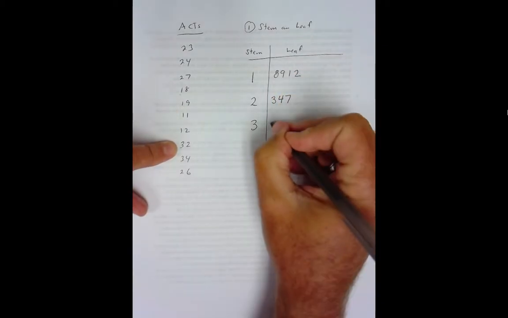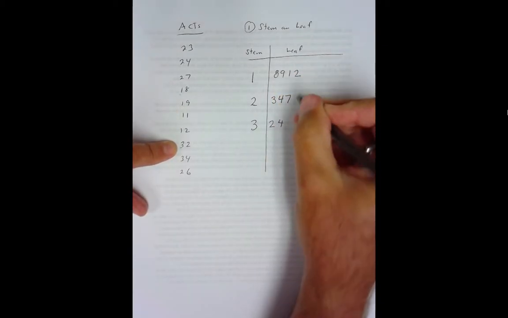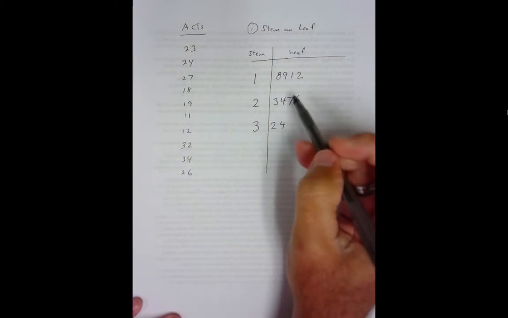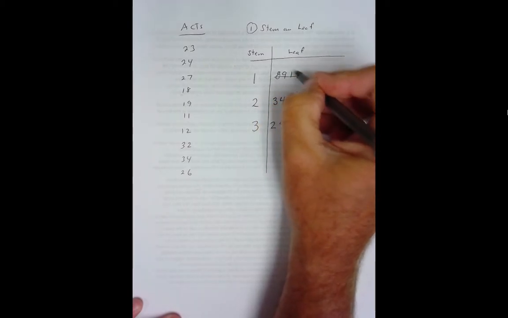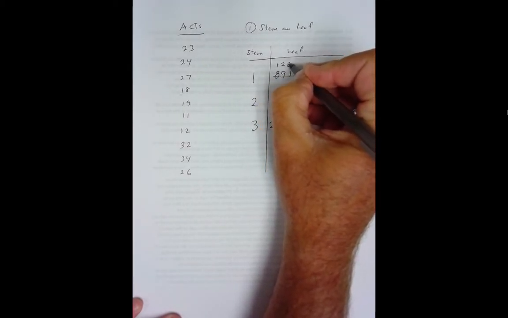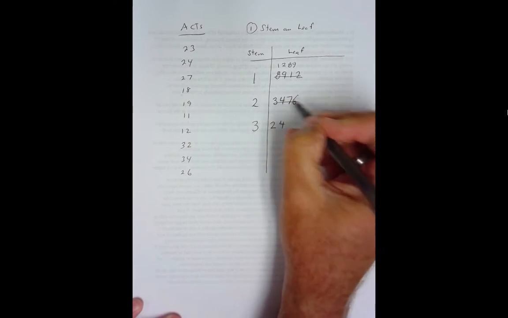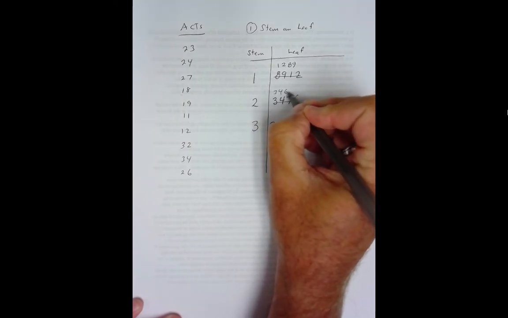And then 32, 34, and 26. Now, typically I would redo this and have these in ascending order, but it's not necessary to do that.